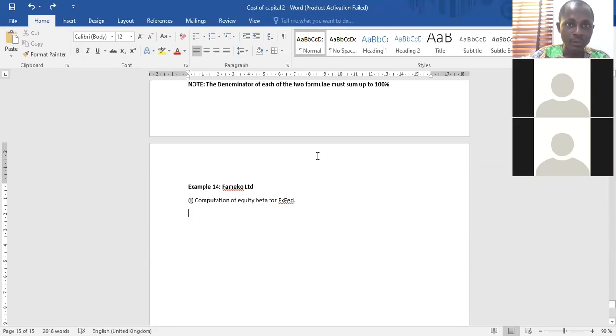Let me reference it. This is formula 1 for computing beta. Then the second formula.